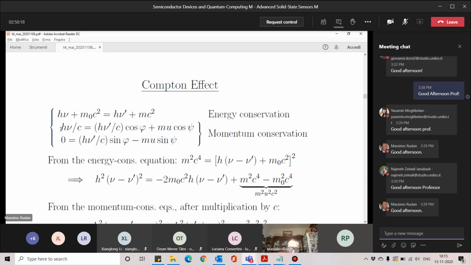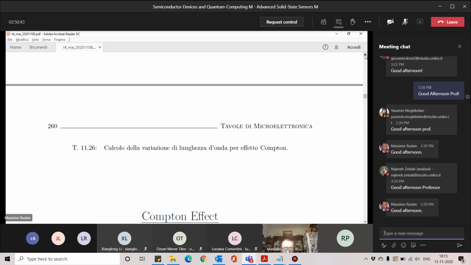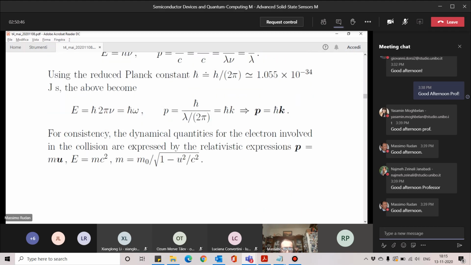On the right we have the energy of the photon after the collision, h-ni prime, plus the energy of the electron, which is the relativistic mass m, different from m0, times c squared. The relativistic mass is defined in the previous page. Here, the relativistic mass is equal to the rest mass divided by the square root of 1 minus the velocity of the electron squared divided by the speed of light squared.